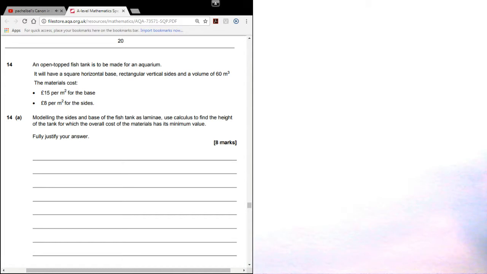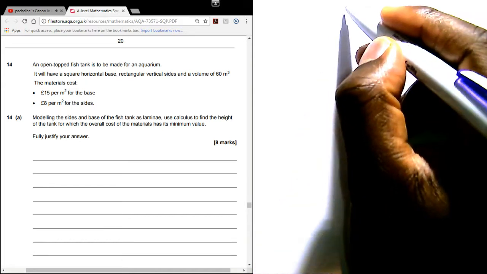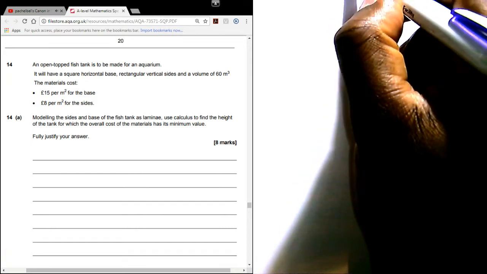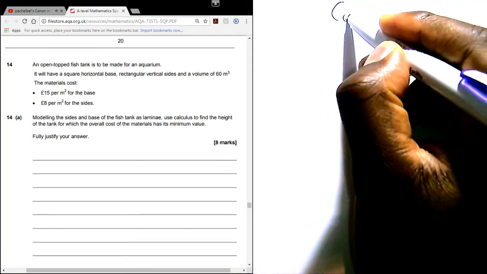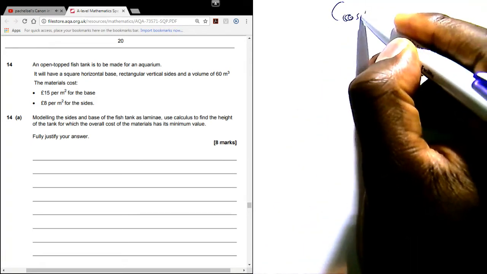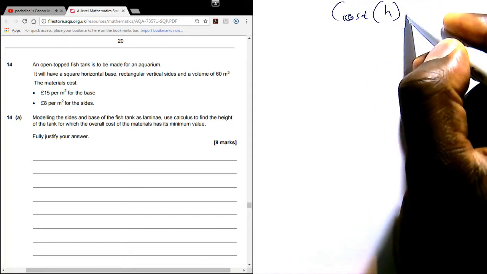So if you are going to find the point at which cost would be at its lowest, dependent on the height, you need to find the minimum point of f of x. But it's not just f of x now, it's c of h. So you would need to write a function c, which stands for cost, in terms of height.